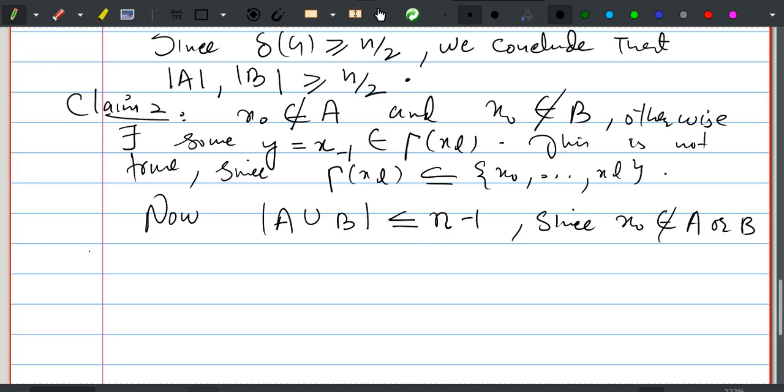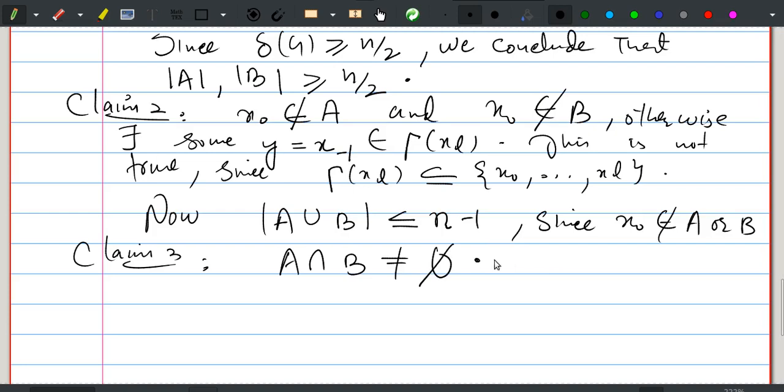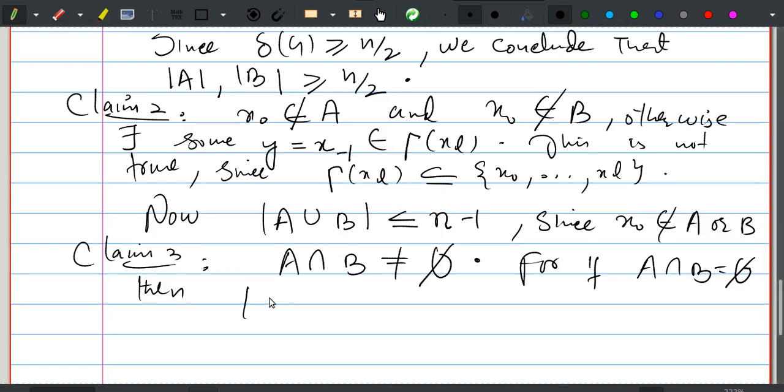Now we claim that A intersection B is non-empty. For if A intersection B is empty, then the size of A union B will be equal to the size of A plus the size of B, because they are disjoint.